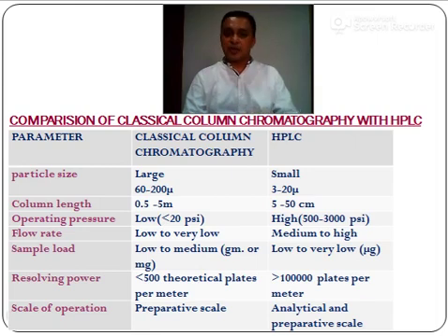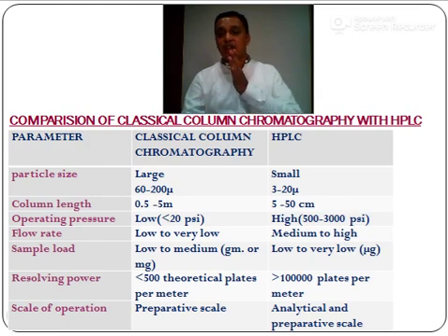In HPLC, both analytical and preparative scale are used, on the basis of which type of study we are doing. In analytical scale, the amount of sample is lesser and after separation you do not use it for further analysis. So this is the basic comparison between classical column chromatography and HPLC. That is why HPLC has more improved performance, because of these criteria.